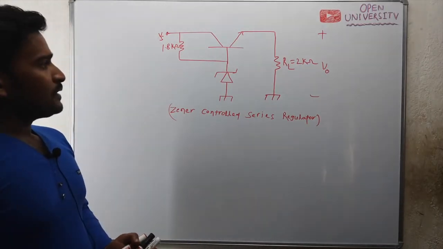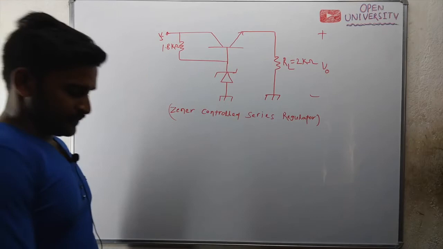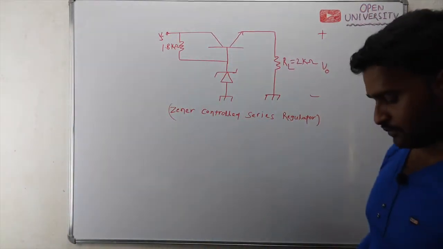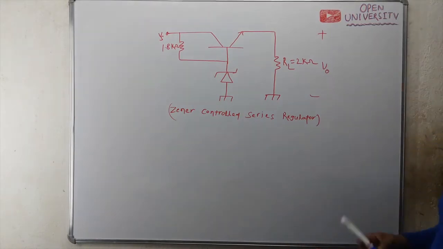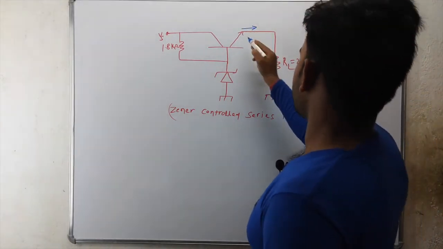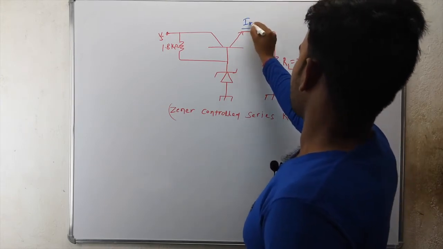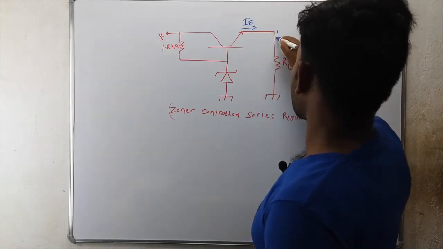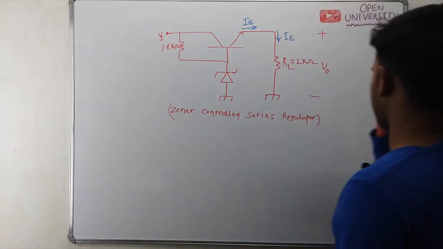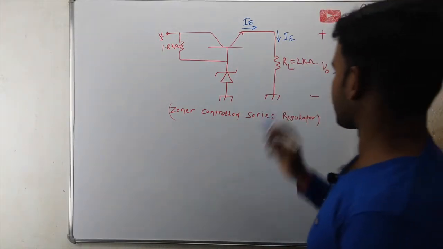Draw the circuit. Why is it a series regulator? Because emitter current is same as load current, so load and transistor are connected in series, so it is called series regulator.